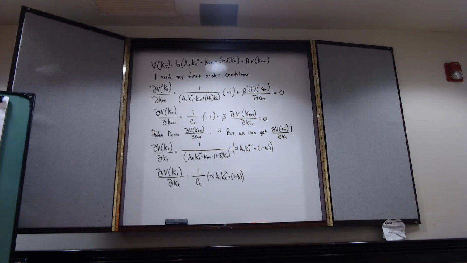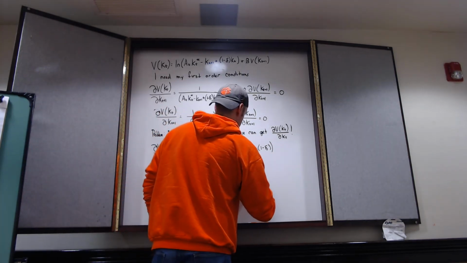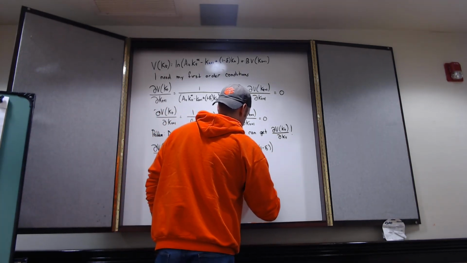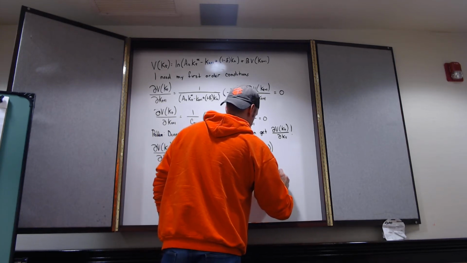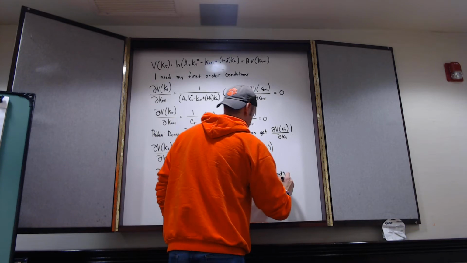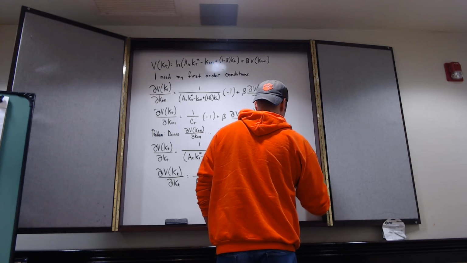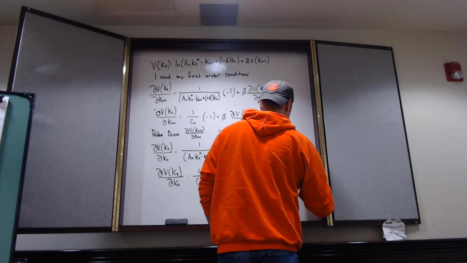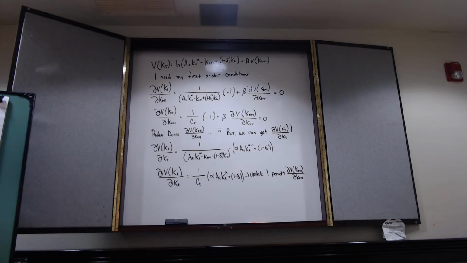And now what I'm going to do is I'm going to update this guy 1 period. Why am I going to update it 1 period? Because it's going to give me exactly what I want, dV of KT plus 1 with respect to KT.